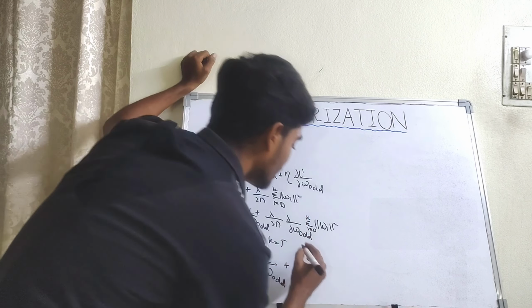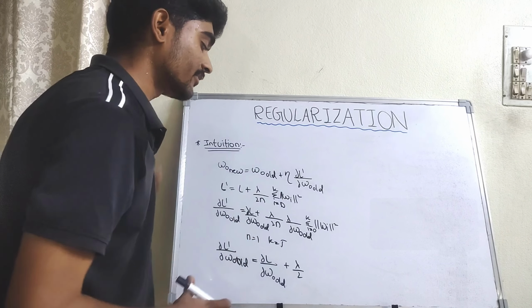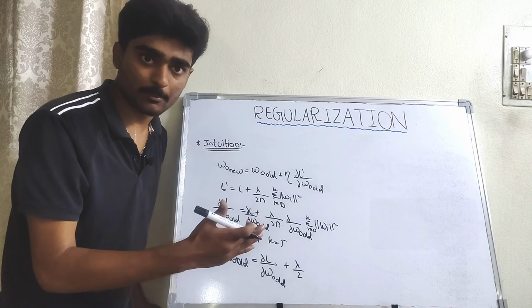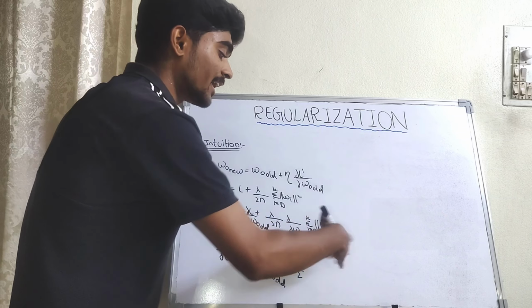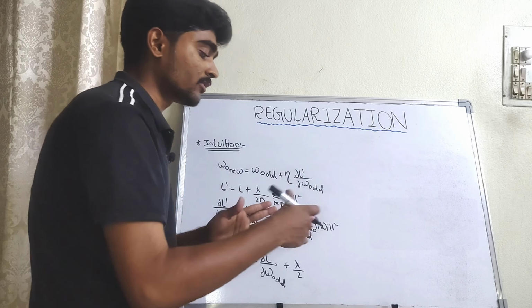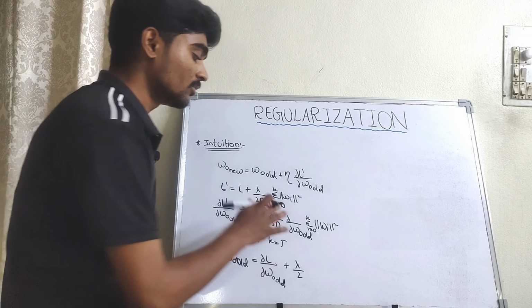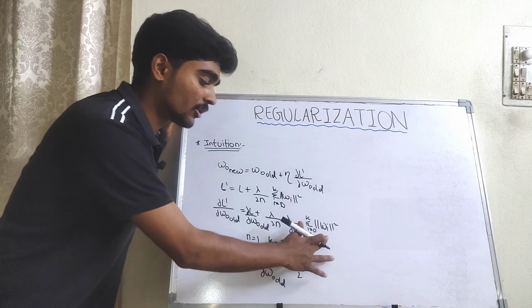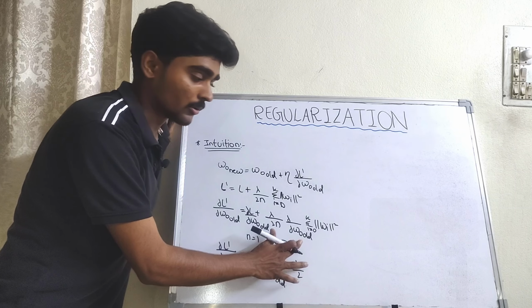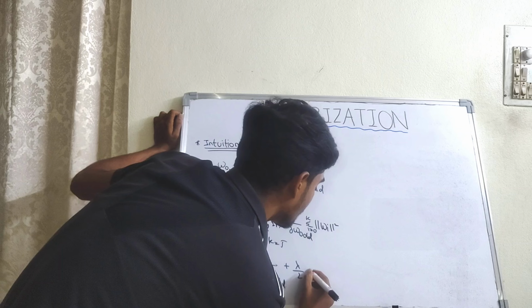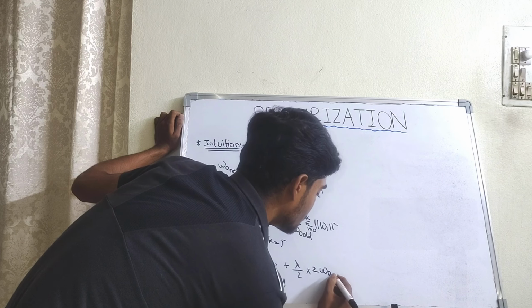Now I'm differentiating with respect to w naught, which means all the weight values other than w naught become 0. Now dou w naught square by dou w naught old is equal to 2 w naught old.